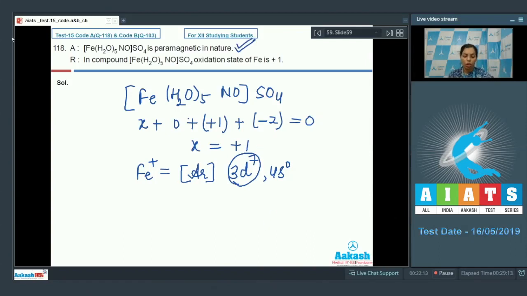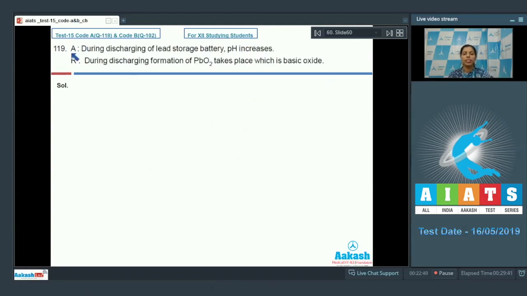Further, the reason states that in compound this oxidation state of Fe is +1. This is also the correct statement, and reason is correctly explaining the assertion also, because due to the change in oxidation state, the configuration is that and it makes it paramagnetic, and that's why the option that's correct for this question becomes option 1.